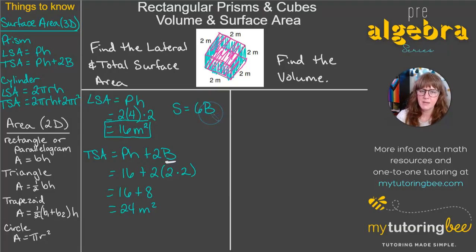Again, that capital B means the base area, the area of that two-dimensional base shape. And because we have 6 sides that are all exactly the same, then we would just multiply that base area times 6 because we have 6 of them. So our 6 times, and then our base area is again 2 times 2. So 2 times 2 is 4, and then 4 times 6 is 24. So we still get 24 meters squared for the total surface area for that one.